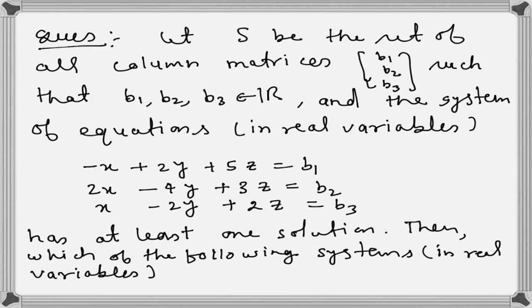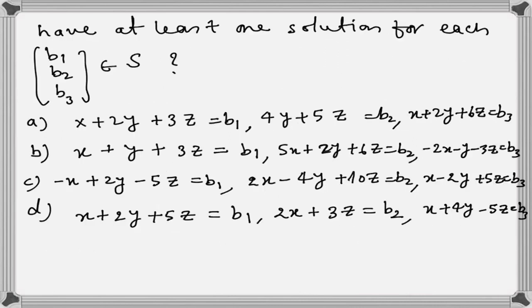Here S is the set of all column matrices b1, b2, b3 for which the given system of equations has at least one solution. So which of the following systems will have at least one solution for each b1, b2, b3? First of all we need to find the set S, right?